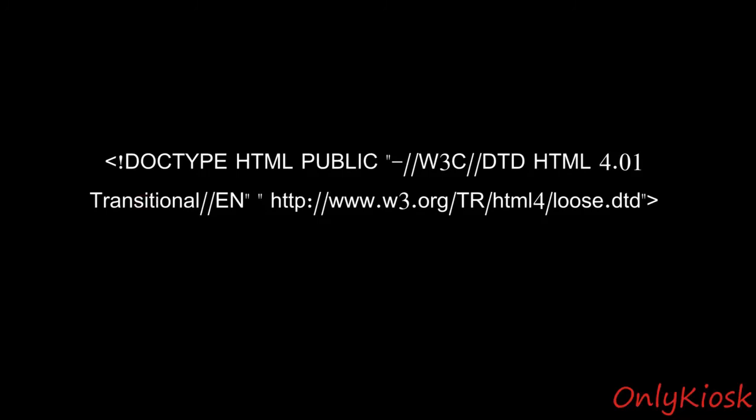If you find nothing between HTML 4.01 and the double slash, then this is a strict XHTML. You can find that this declaration ends with strict.dtd. But if you find the word transitional between HTML 4.01 and the double slash, then this XHTML is transitional.